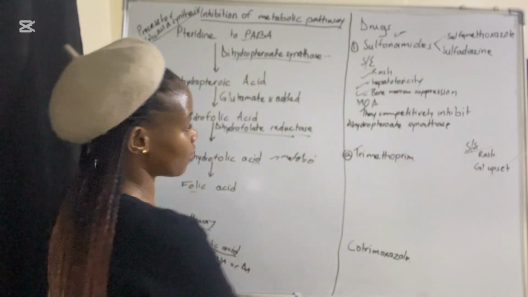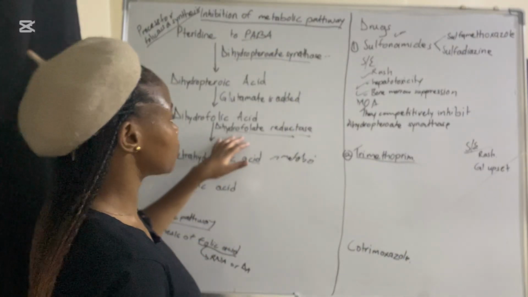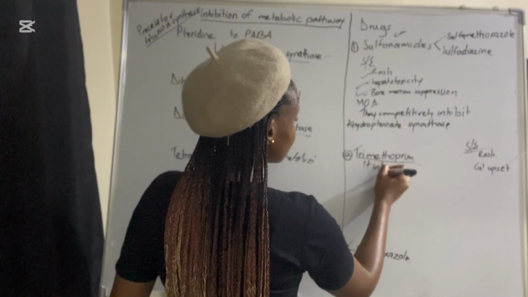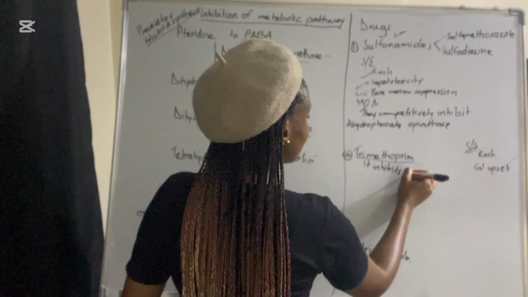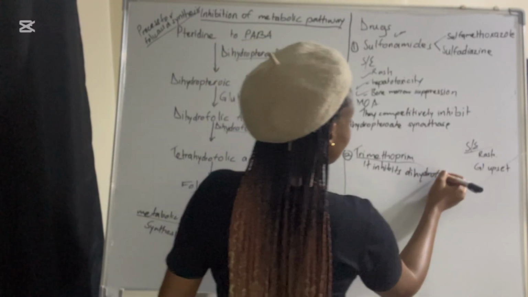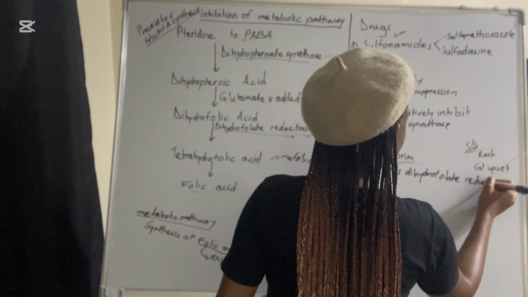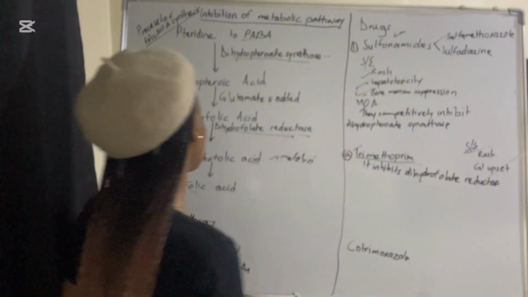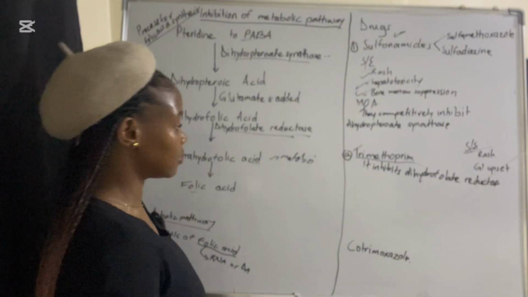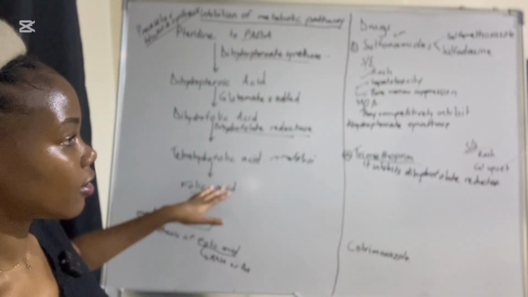Then another class of drug is trimethoprim. This trimethoprim drug is the one responsible for inhibiting dihydrofolate reductase, which is responsible for converting dihydrofolic acid to tetrahydrofolic acid, thus preventing synthesis of folic acid within the bacteria.